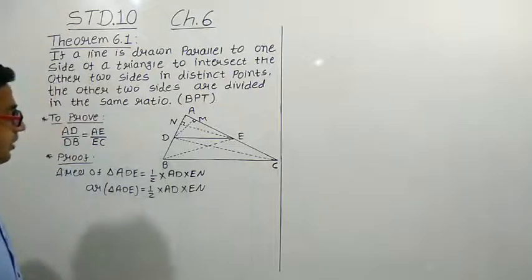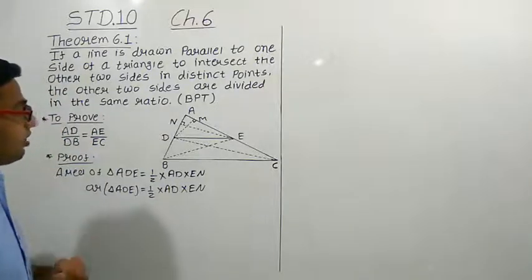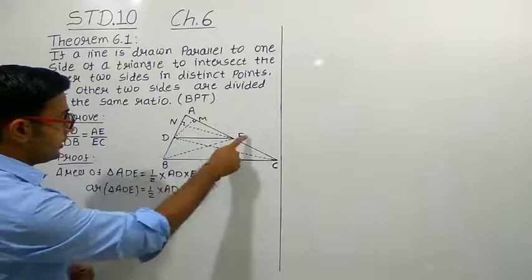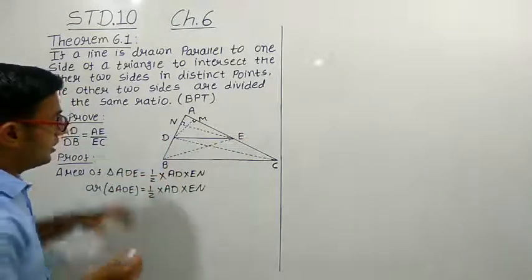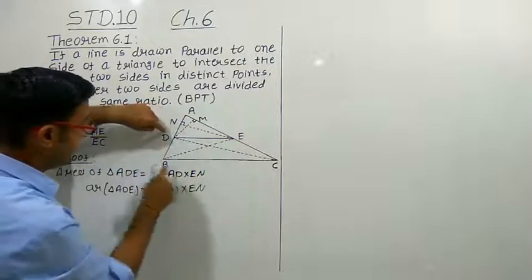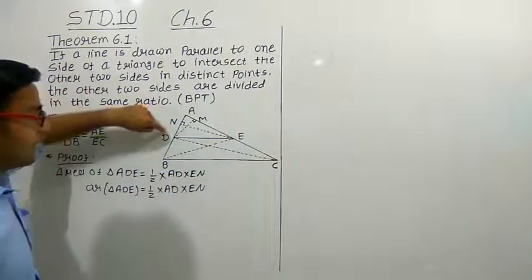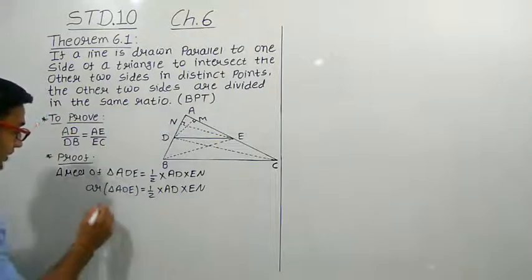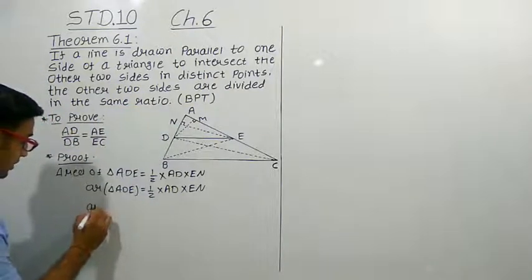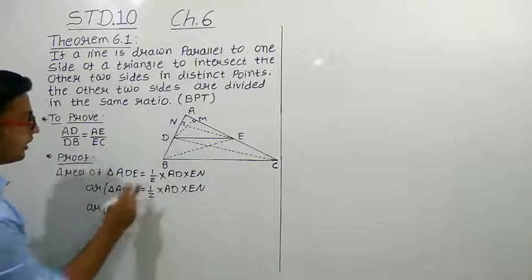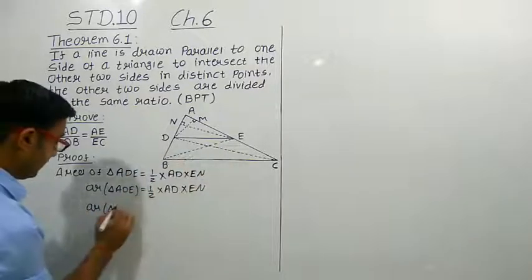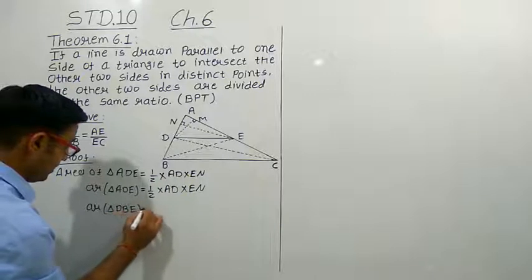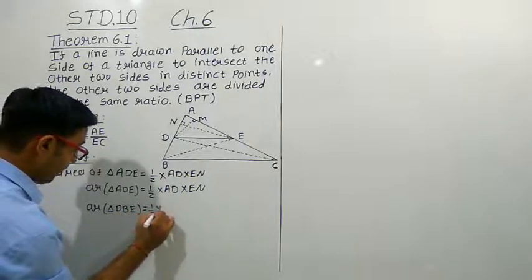Now see, if we consider one more triangle here, triangle DEB, how can we write its area? Area of triangle DBE equals 1/2.